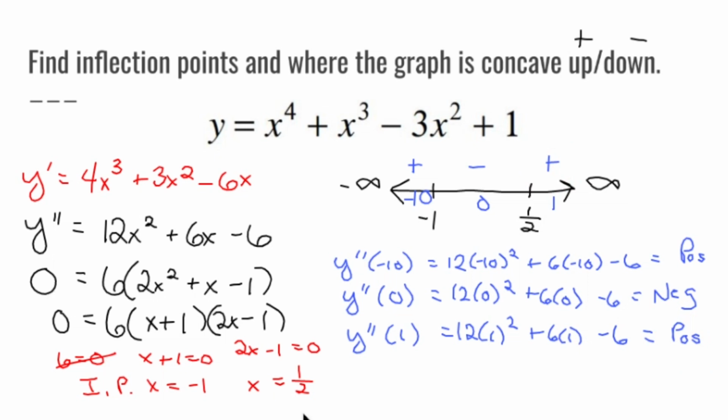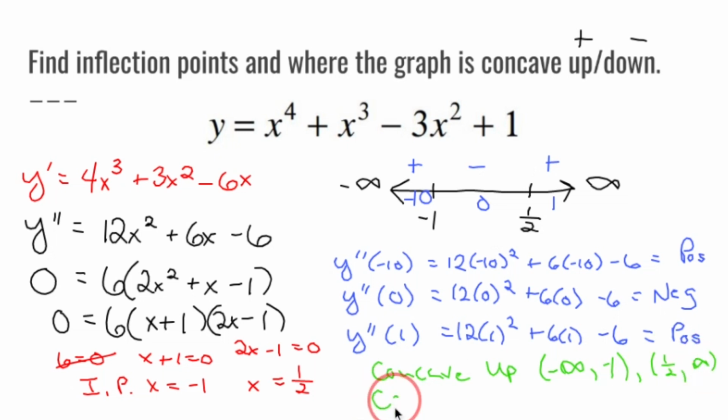Now what this means is inflection points tell me where it's neither concave up nor concave down. That's the switch between concave up and concave down. So what I know from this information is my graph is concave up on the intervals from negative infinity to negative 1, not including negative 1 because it's 0 there, it's neither, and from a half to positive infinity.